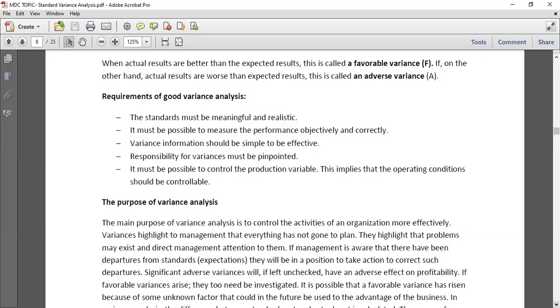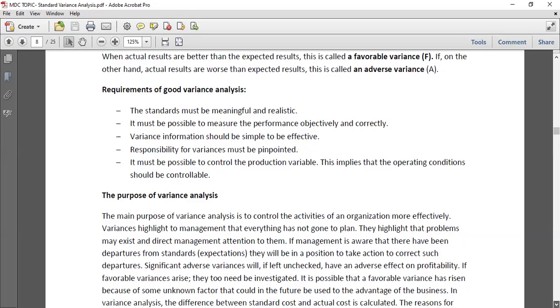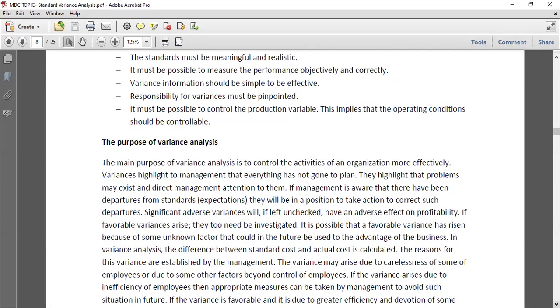And then we have the purpose of variance analysis. Why do we have to do variance analysis? Just like the way we have seen why it is important for us to do standard costing, we also have key reasons why we do variance analysis. Basically the key principle here is to determine whether we have performed well or not, and for management to take corrective action where we have any variances.